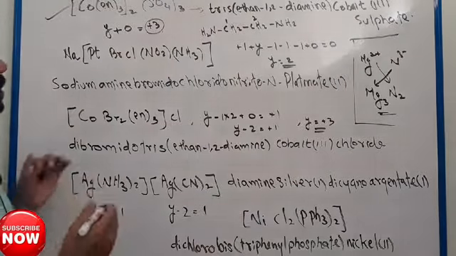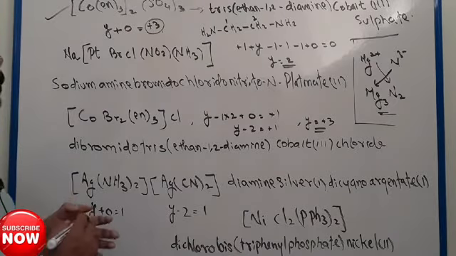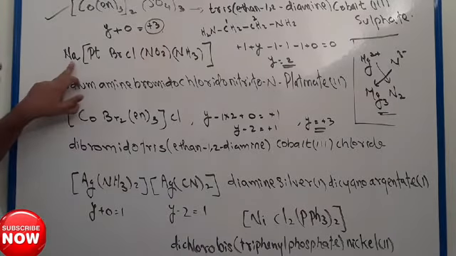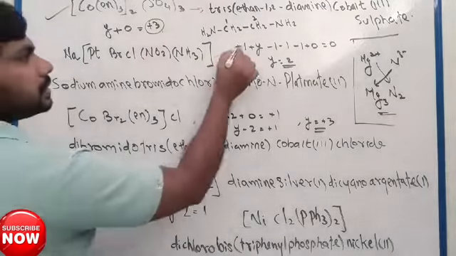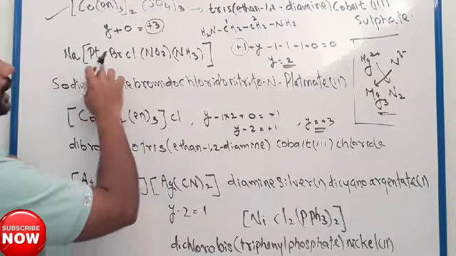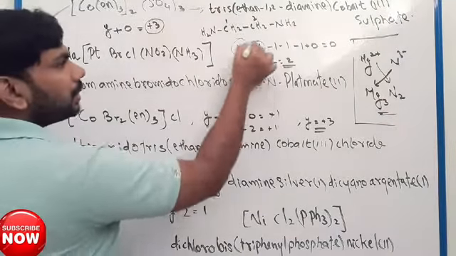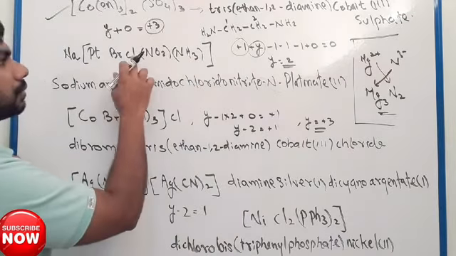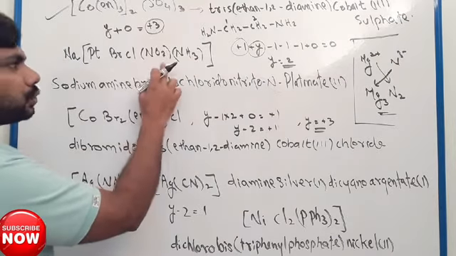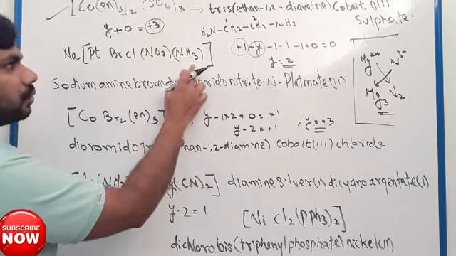Let us check how the charge of platinum is 2. Look here, sodium is plus 1, group 1. So sodium is plus 1, and platinum is unknown, and bromine minus 1, chlorine minus 1, NO2 minus 1, NH3 0.